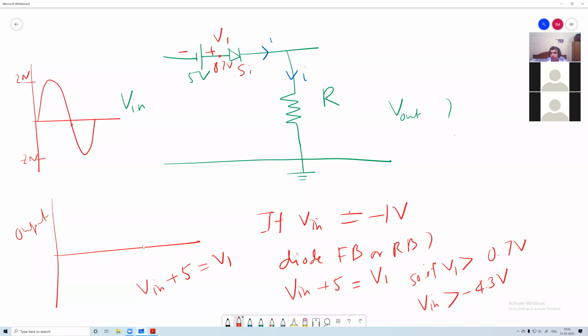Now V1 should be 0.7 volt or above for the diode to be forward bias. So obviously V would be minus 4.3 volt or above. One by one, don't jump. Yes, I can repeat.